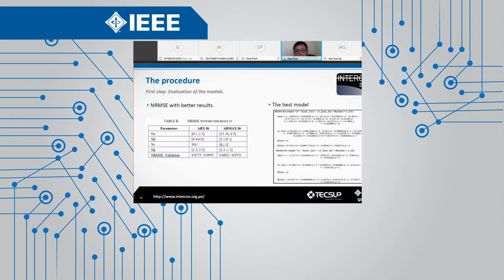And these are the results of the NRMSE validation. For ARX, the fit value for the validation results is 87%, and for ARMAX 68%. But the best model is the ARX model, and these are the parameters of the best model.